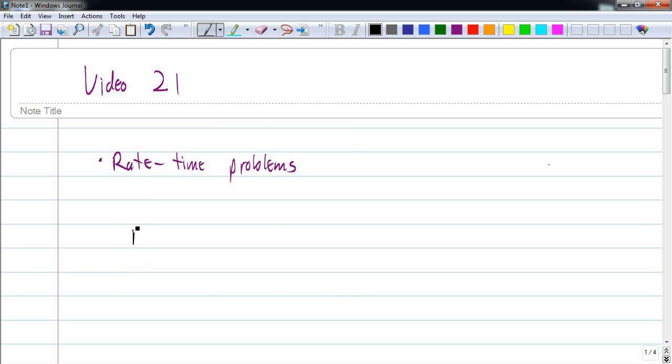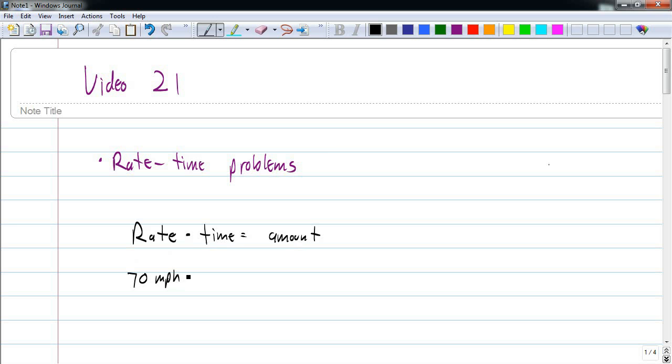Here's the equation that we are concerned about. If we have some kind of a rate, and I multiply that rate with a time, what I get is some amount of something. Now, a very quick and easy example of this is if I'm traveling at 70 miles per hour.